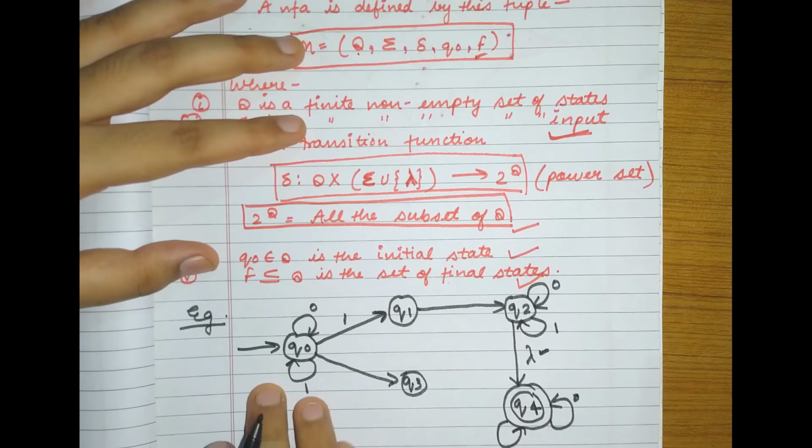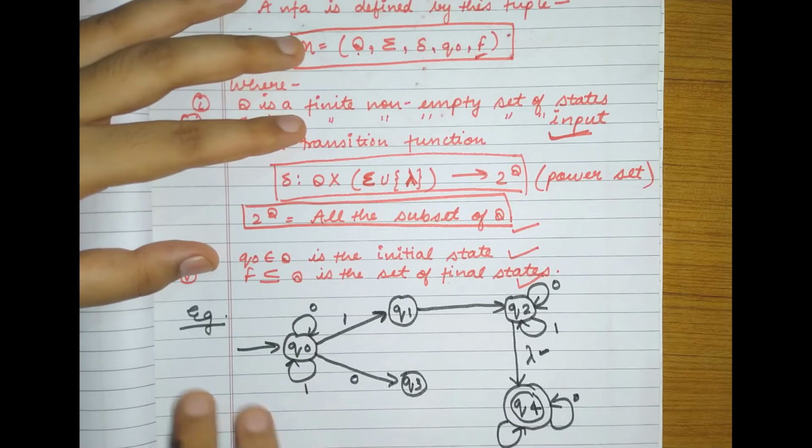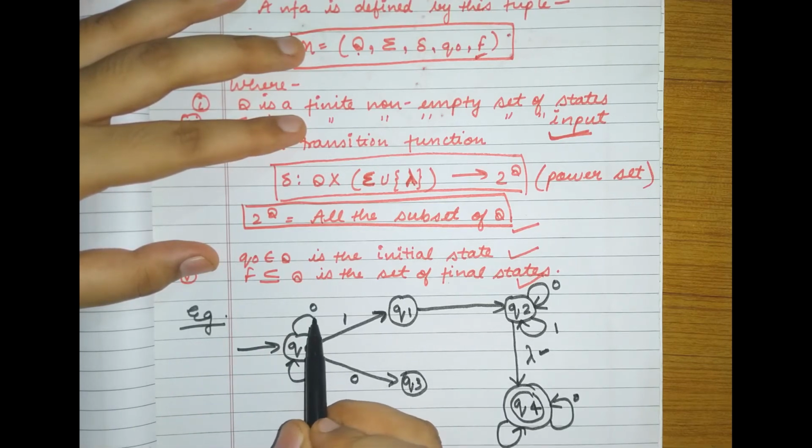This is also different from a DFA, because there are two moves for the same 0: we enter q0, and we also enter q3. When we are in state q3 and receive 0, we enter our next state, which is our final state.